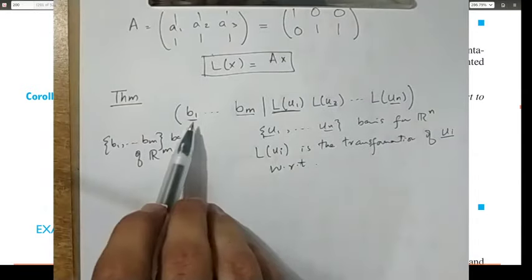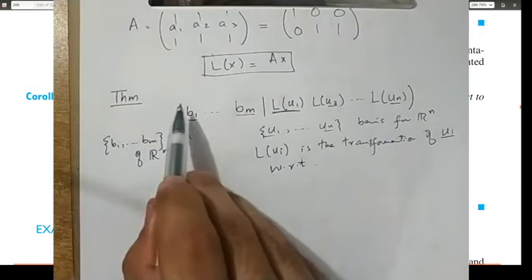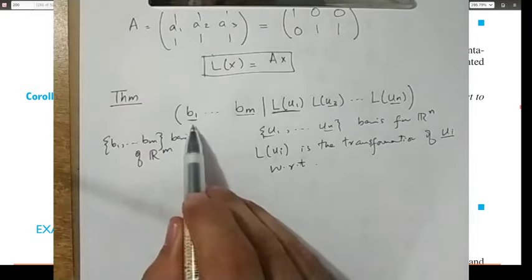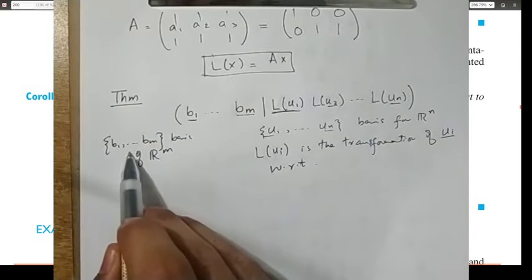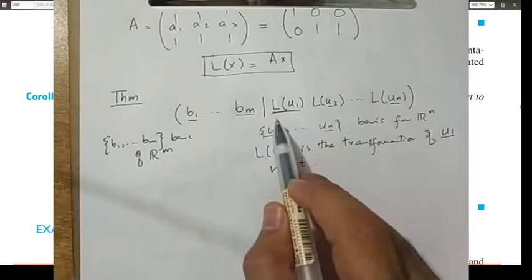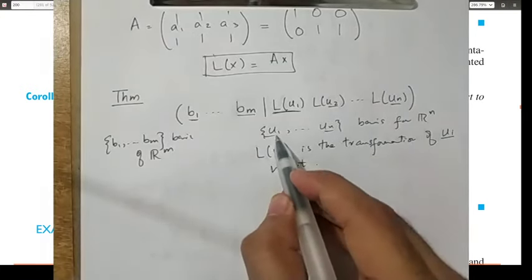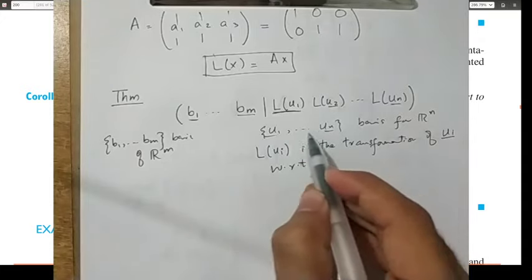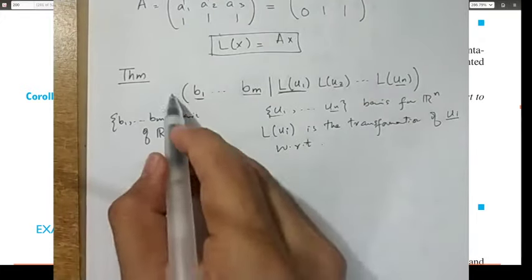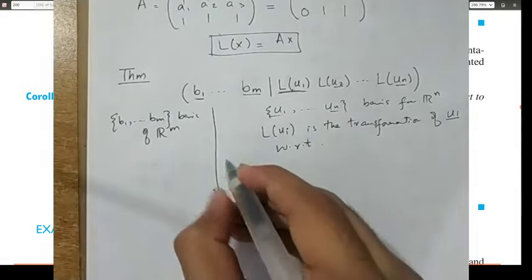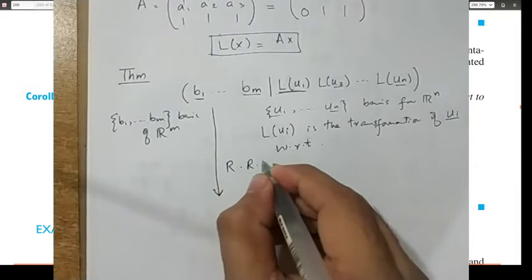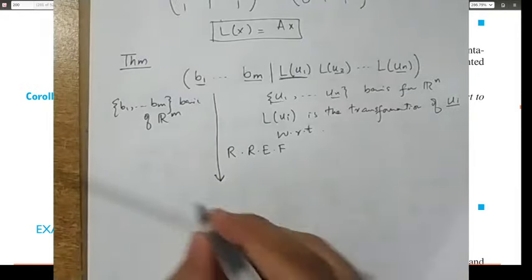So to find A, all you need to do is make a matrix whose first m columns are these basis vectors, whose next n columns are the transformations of the basis vectors. And then the next step is just to find the reduced row echelon form, which you should all know.